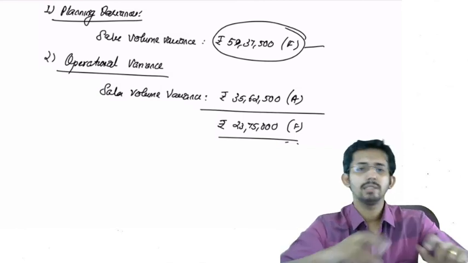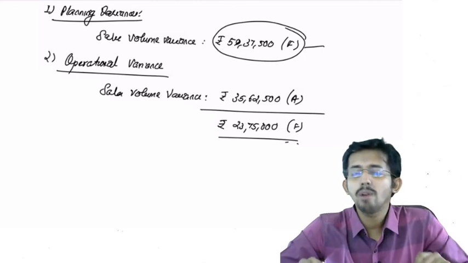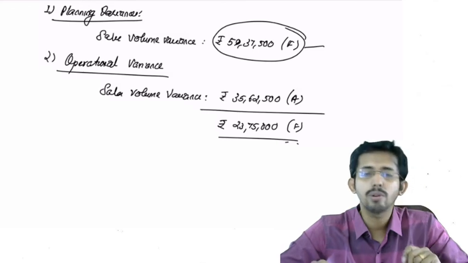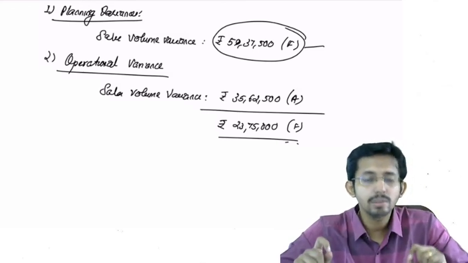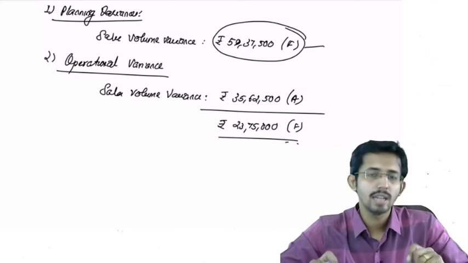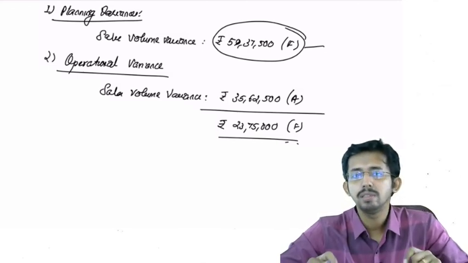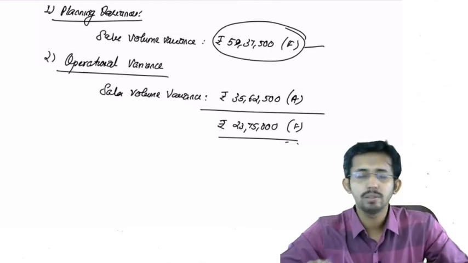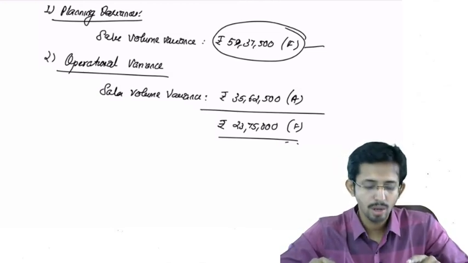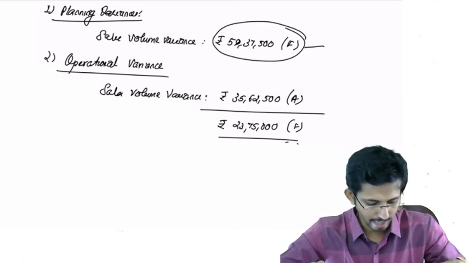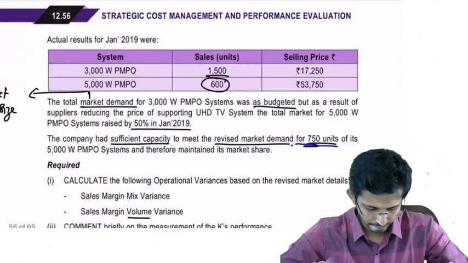Thus, the performance of Mr. K has actually resulted in an adverse sales volume variance of rupees 35,62,500.